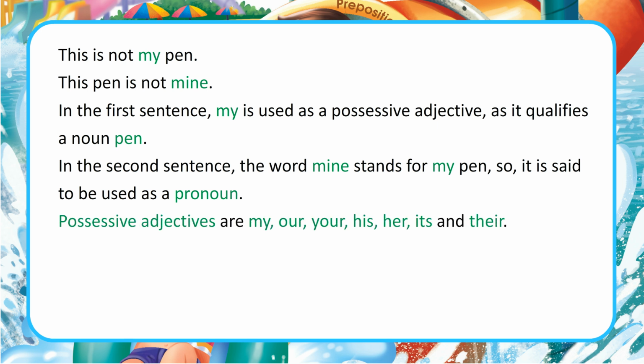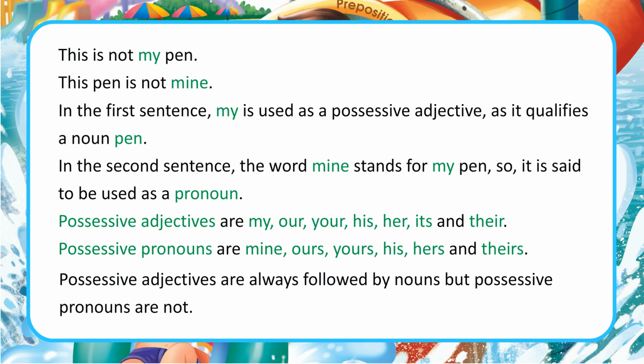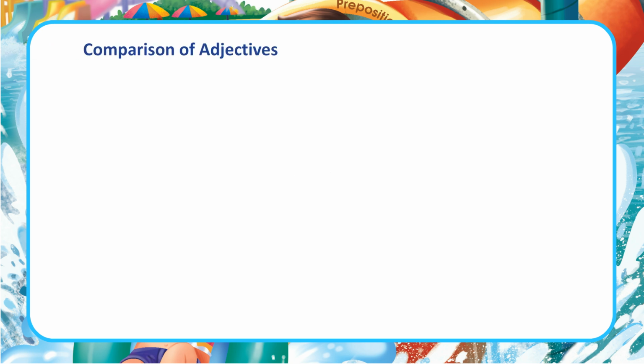Possessive adjectives are my, our, your, his, her, its and their. Possessive pronouns are mine, ours, yours, his, hers and theirs. Possessive adjectives are always followed by nouns, but possessive pronouns are not.